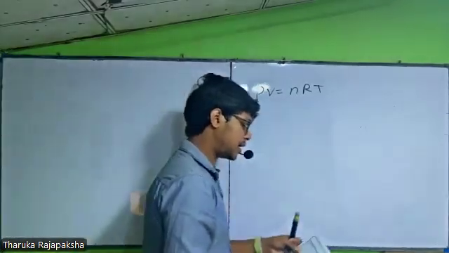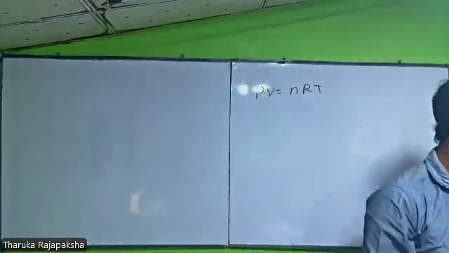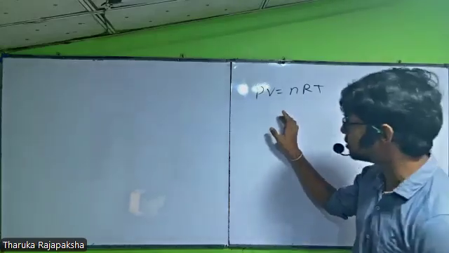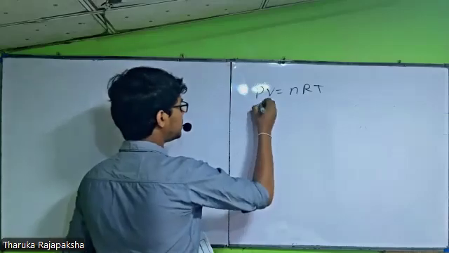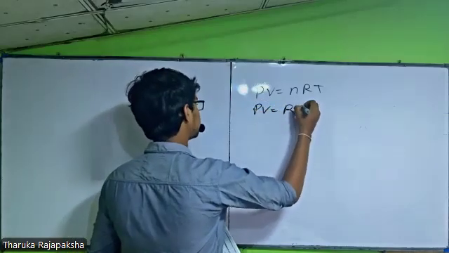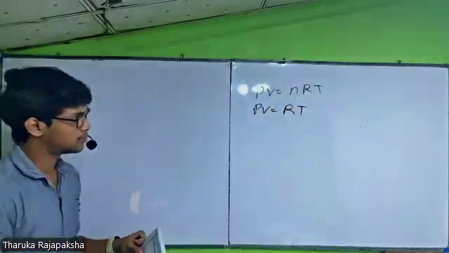PV equals nRT for ideal gases. Then we are assuming n is equal to 1. When n is equal to 1, you can write PV equals RT for an ideal gas.